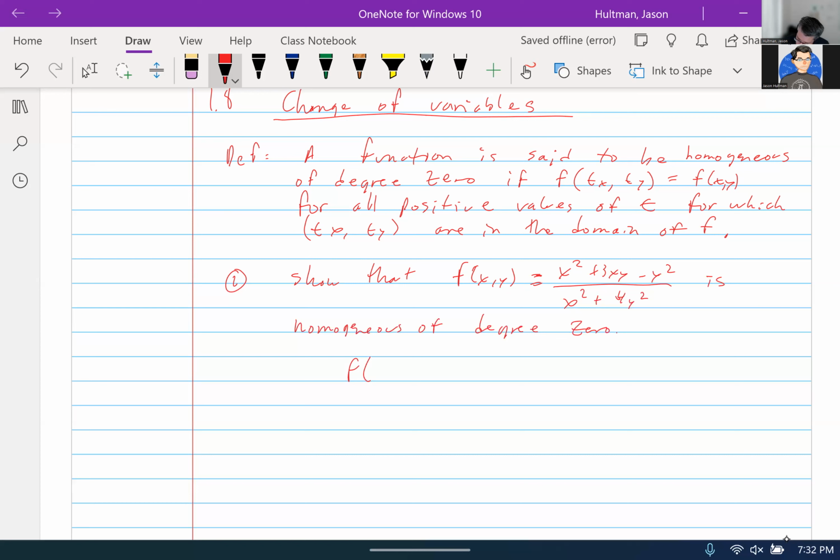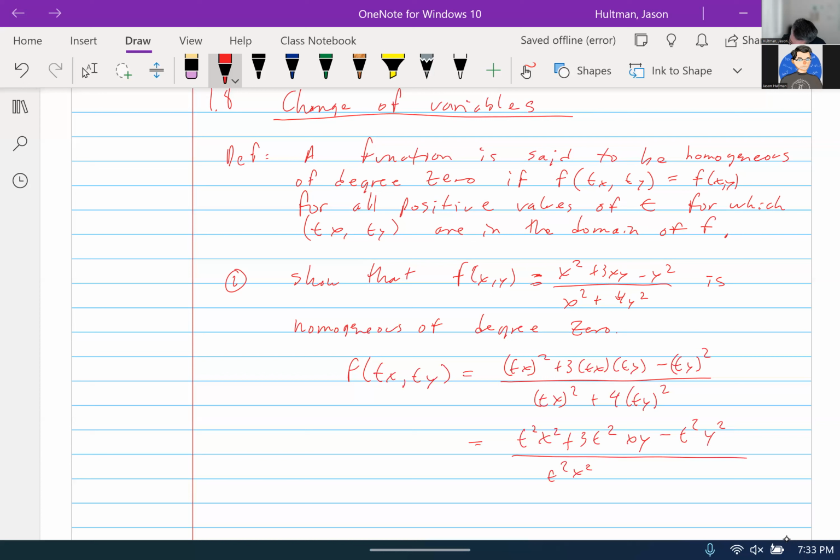So f of tx, ty would be equal to (tx) squared plus 3 tx ty minus (ty) squared, all over (tx) squared plus 4 (ty) squared. So I'm going to get t squared x squared plus 3t squared xy minus t squared y squared, all over t squared x squared plus 4t squared y squared on the bottom.